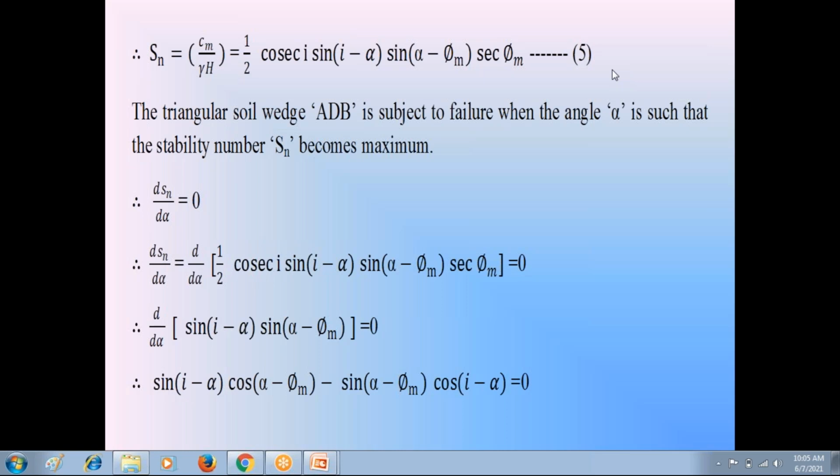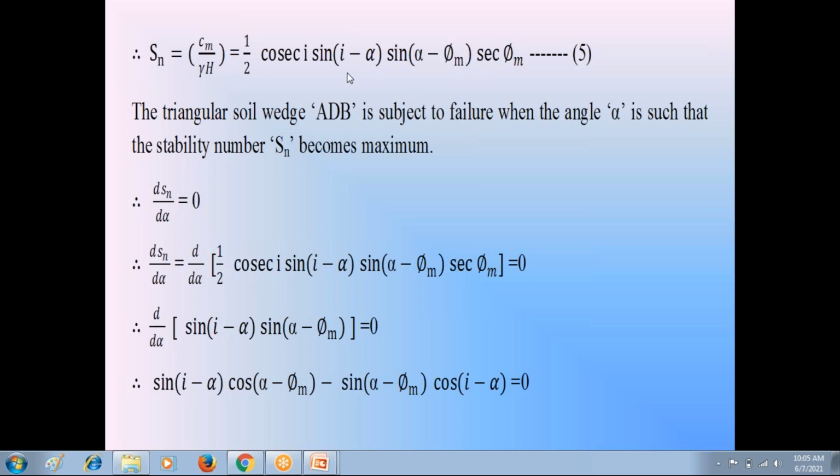We know that in this equation 5, I, the angle made by side slope AB with horizontal, is constant. Angle I is constant, and this angle phi m, the mobilized angle of shearing resistance, is equal to the natural angle of shearing resistance divided by factor of safety. So this phi m is also constant.